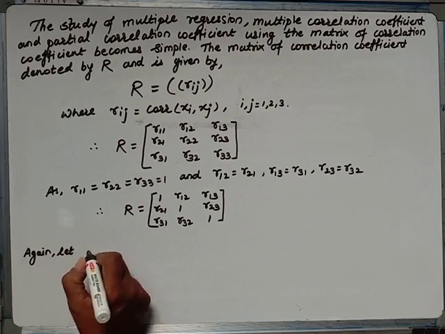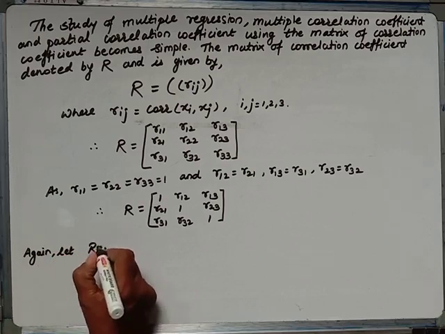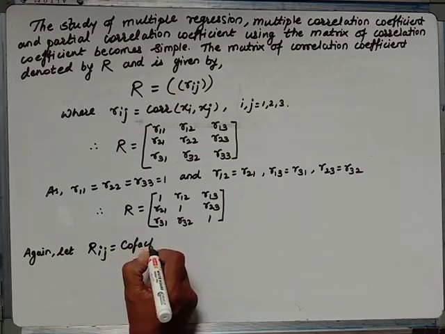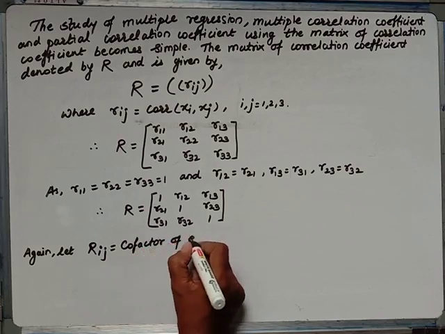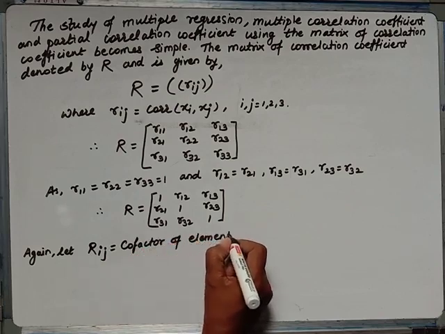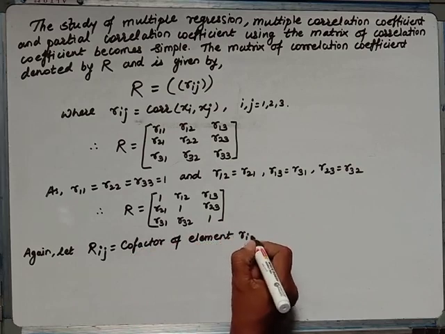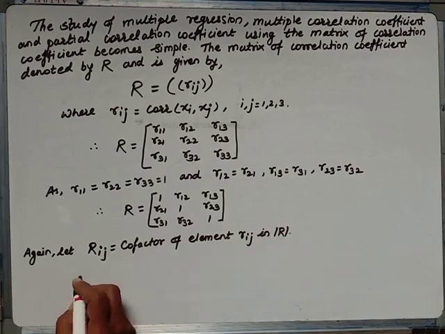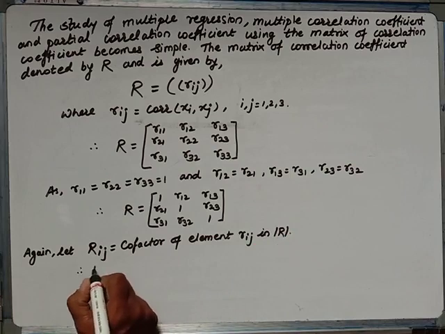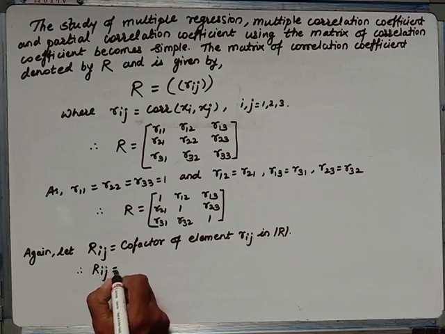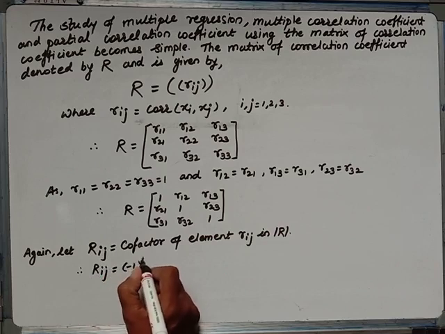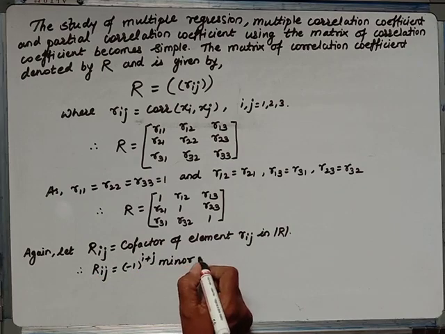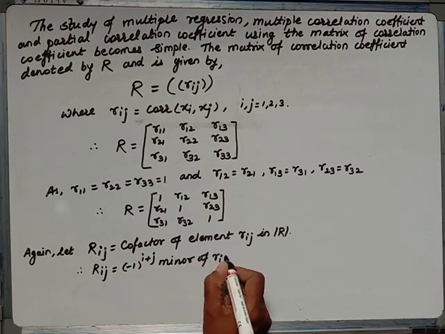Again, let capital Rij be the cofactor of element rij in the determinant of R. Cofactor means Rij is nothing but minus 1 raised to i plus j into the minor of this entry rij.